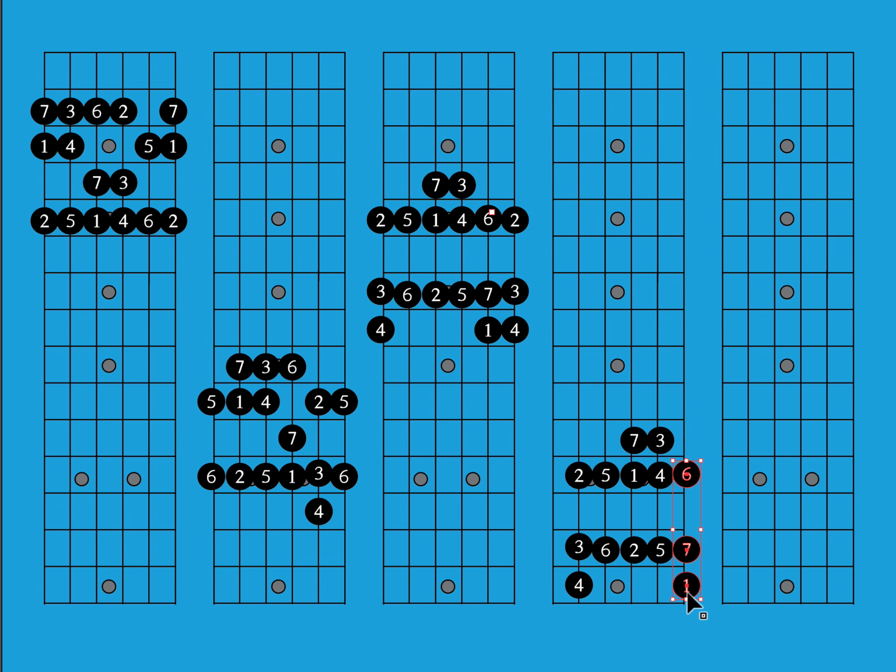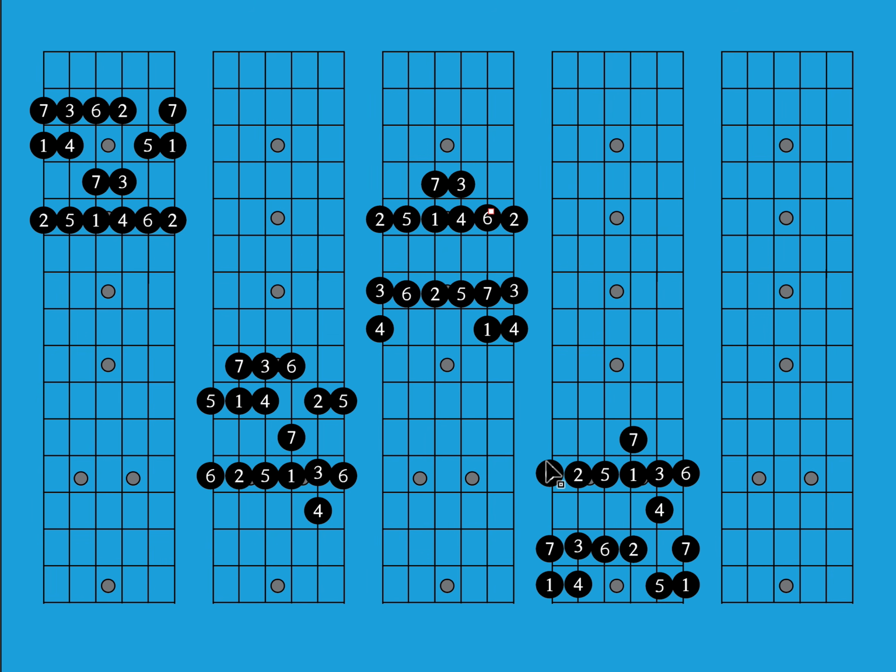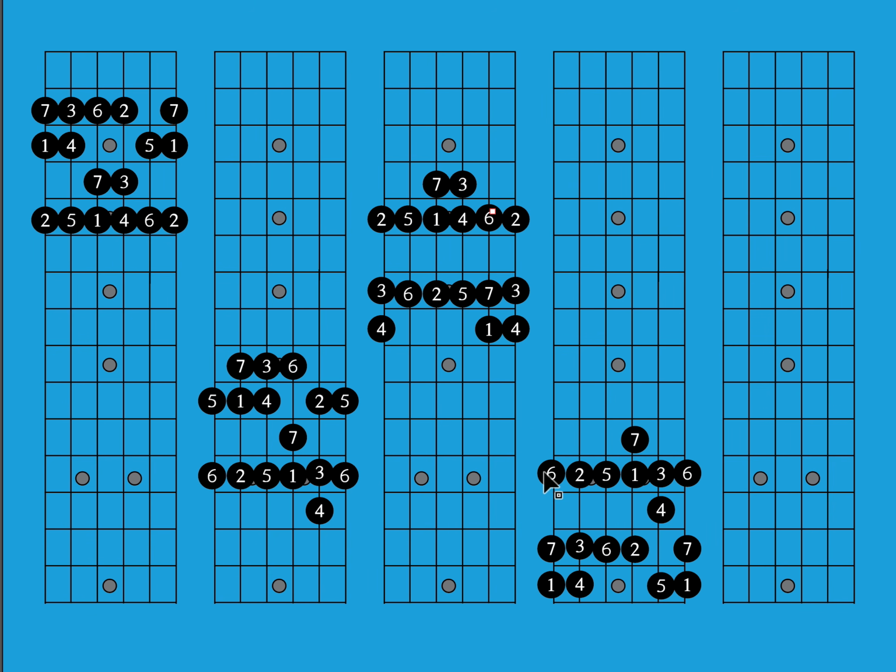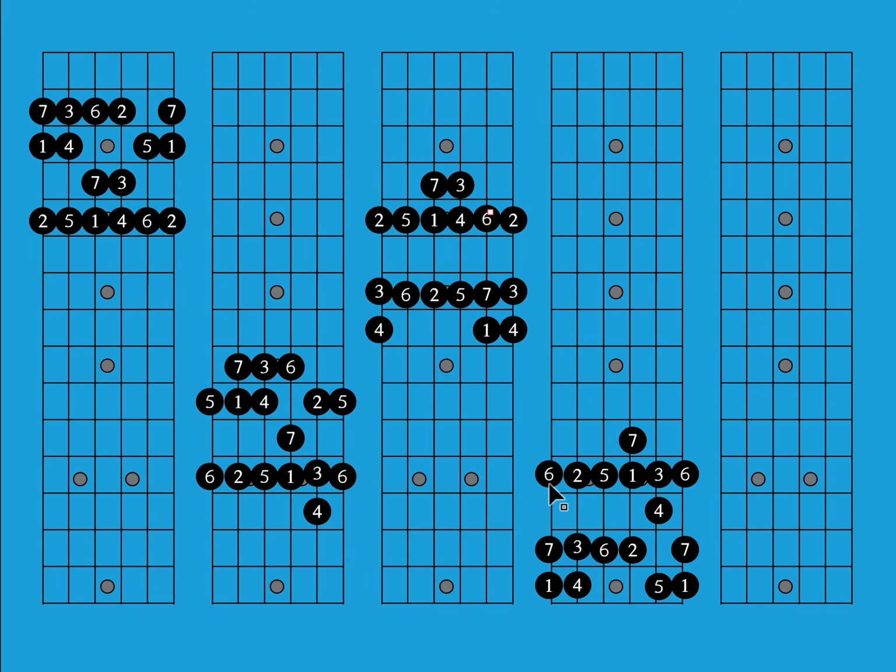These notes are duplicated over here, and these notes come down to adjust for the B string. And we have now the 6th mode, the minor, or whatever you want to call it, the one that starts on the 6. Check it, listen to it, you'll see that it's accurate.